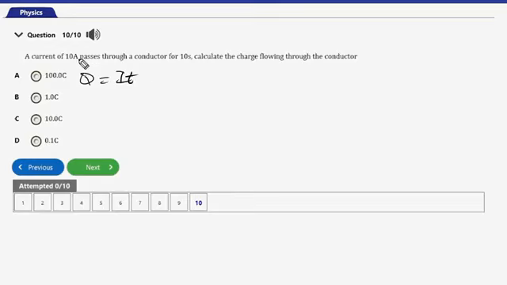So all we just need here is to multiply the current by the time, and the two of them are already in the standard units, so we don't need to do any conversion. So we are going to have Q is equal to 10 times 10, and that's 100. So Q is equal to 100 coulombs, and that's it for this question, option A.